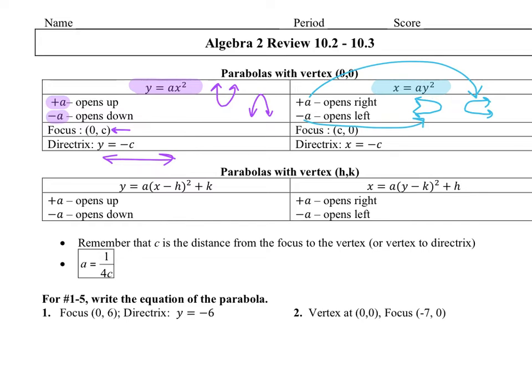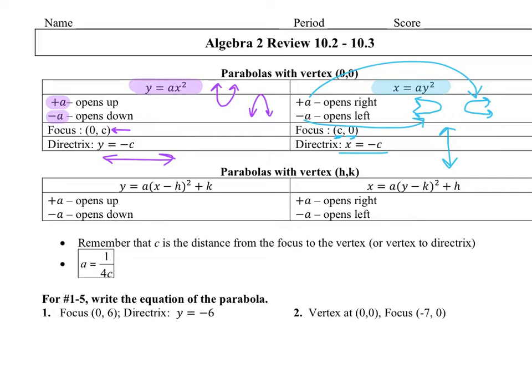And now your focus switches. Your c is your x value, and the 0 is your y value. And then your directrix is x equals. Remember, x equals is always a vertical line. And your vertex will always be the same distance to the focus as it is to the directrix. That's why it's c and the opposite of c.